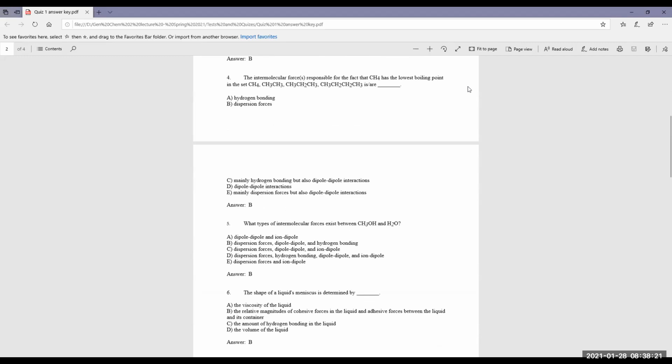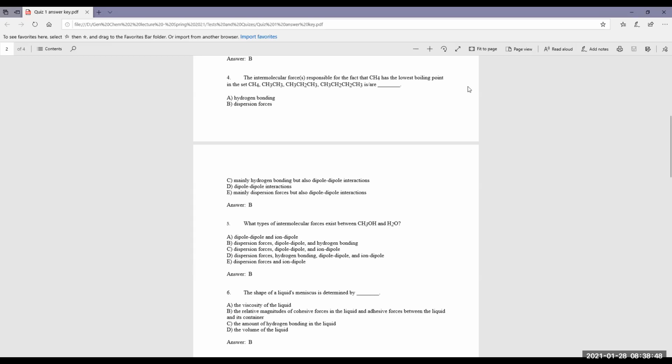Okay, and number 4, the intermolecular forces responsible for the fact that CH4, which is methane, has the lowest boiling point in this series of compounds. The answer is dispersion forces. So with these types of compounds, they're all just alkane structures.